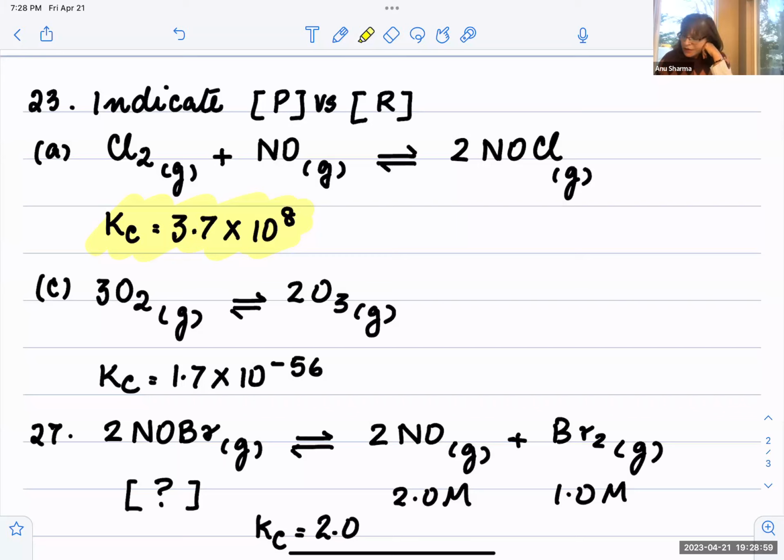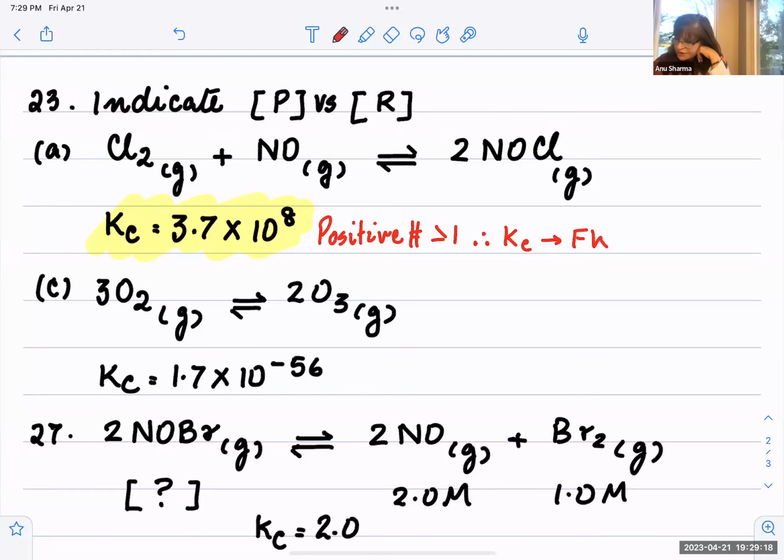The equilibrium constant is a huge positive number, greater than 1. Therefore the reaction is moving in the forward direction, and forward direction means that the concentration of the products is more than the concentration of the reactants. This is how we speak.